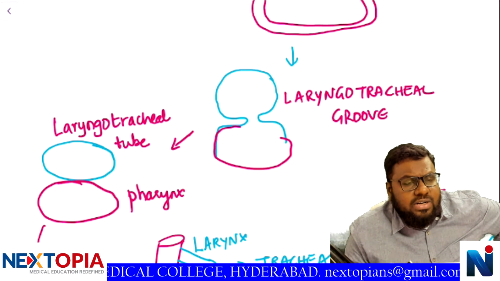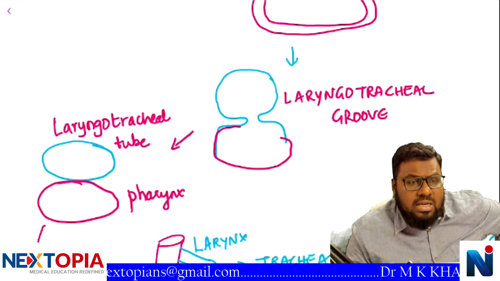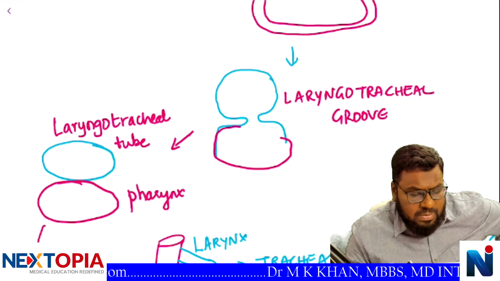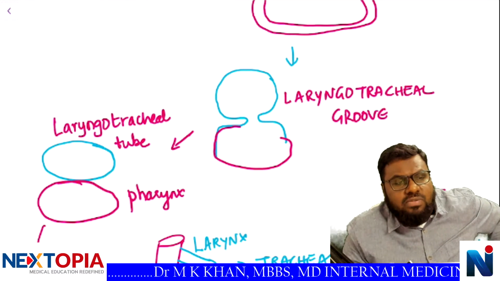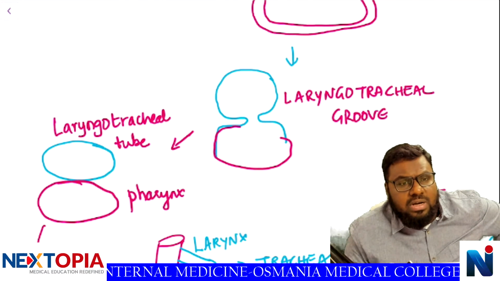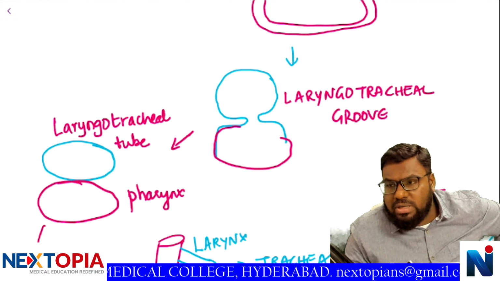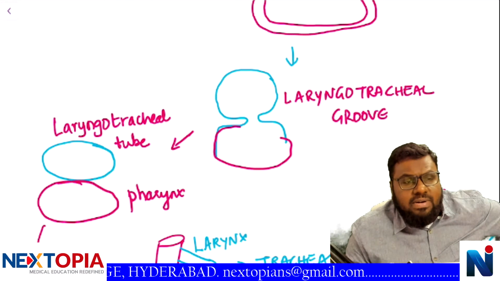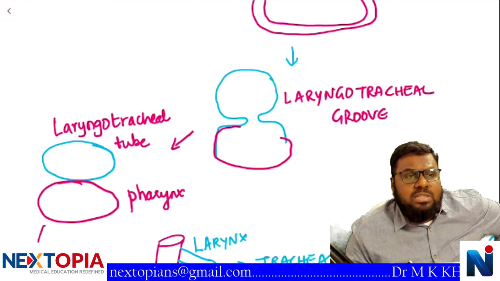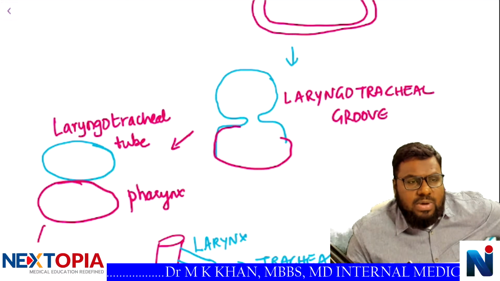The larynx is divided into thyroid cartilage, cricoid cartilage, arytenoid cartilage along with the muscles. The trachea is divided into right and left principal branches. Apart from that, the primary bronchus divides into secondary bronchi, dividing into segmental bronchi, dividing into terminal bronchioles, dividing into respiratory bronchioles, dividing into alveoli.